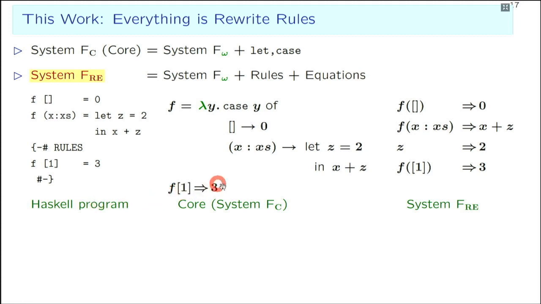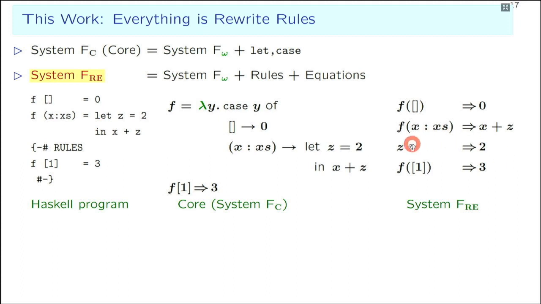But in system FRE, we regard everything as translated to rewrite rules. This means that instead of using case analysis, we use this pattern. We keep this kind of pattern-matching definition of rewrite rules.